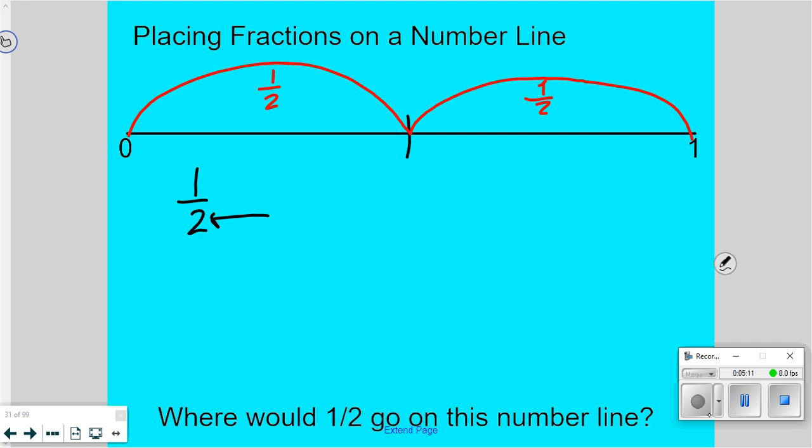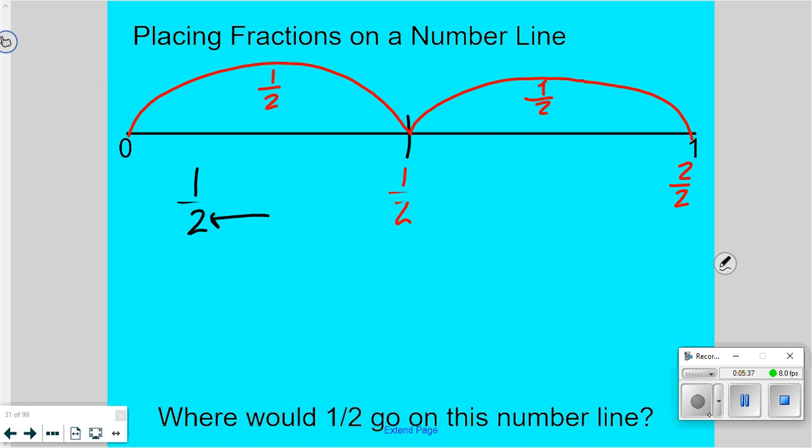Does that make sense? So I'm 1/2 here, and then if I went 2 jumps, I would get 2/2. Bryson, if I did another jump, let's pretend my number line kept going. Same jump. Where would I be? 3/2, yeah. 1/2, 2/2, 3/2.